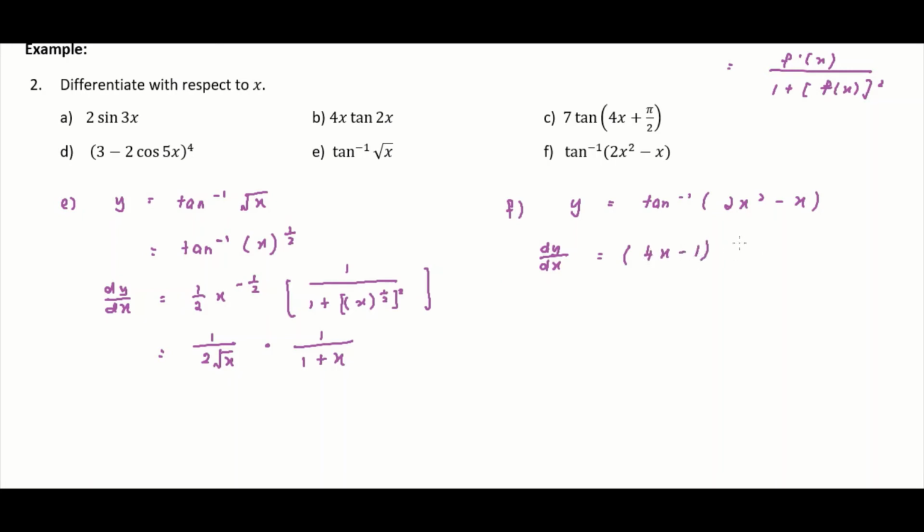Then 1 over 1 plus the whole function squared. Even if you expand it, you also cannot simplify further, so you can just leave your answer like that. But maybe we can put this as the numerator: 4x minus 1 over 1 plus (2x squared minus x) squared.